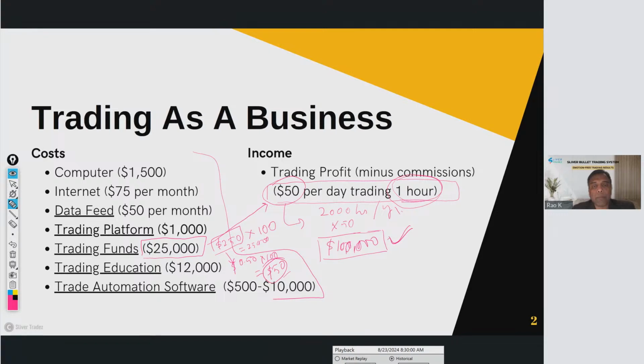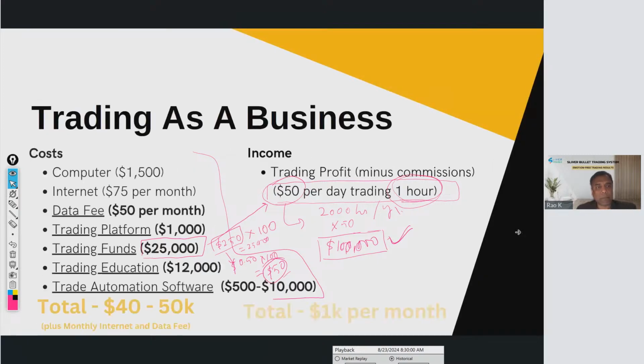I'm emphasizing this slide a little more than other slides I'm going to cover, but this is an important slide. So if these numbers make sense, then let's look at the next slide and see how these numbers add up.